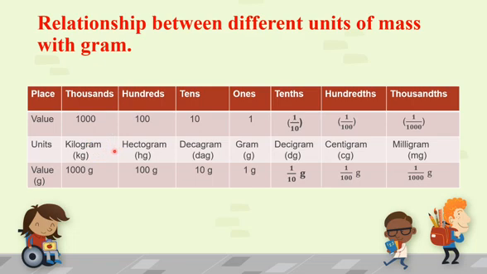Like in measures of length, your base unit was meter. So you had kilometer, hectometer, decameter, meter, decimeter, centimeter, millimeter. And now since you are dealing with units of mass and your base unit is gram, the standard unit, you will have kilogram, hectogram, decagram, gram, decigram, centigram, milligram.